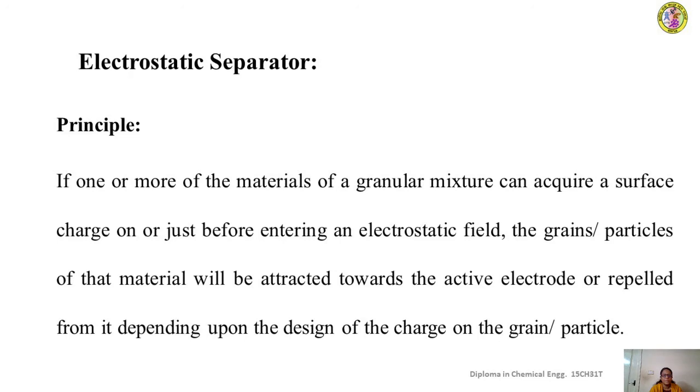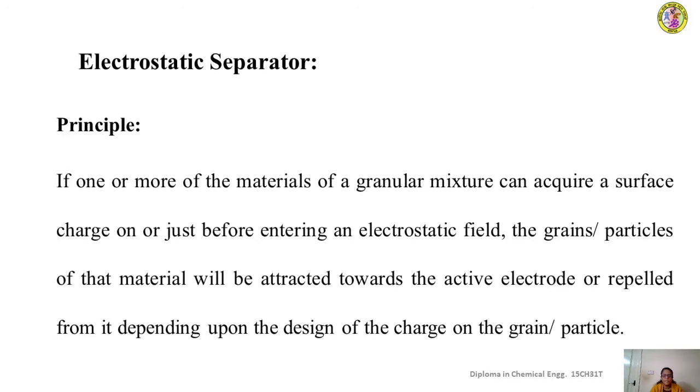So the basic principle that is used in an electrostatic separator is, when you have a mixture of one or more materials in the granular form, the different particles can acquire a surface charge in different manner when they are passed in an electrostatic field.